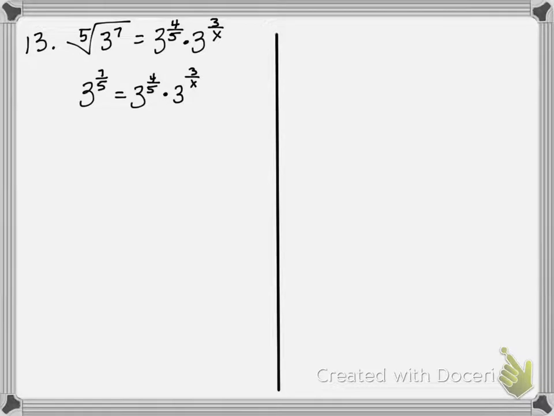And I also know that I can add the exponents on the right side since I'm using the product rule. So I have 3 to the 7/5 equals 3 to the 4/5 plus 3 over x. Now this one's a little bit different because x is in my denominator, but the bases are the same, so I'm going to rewrite this problem.